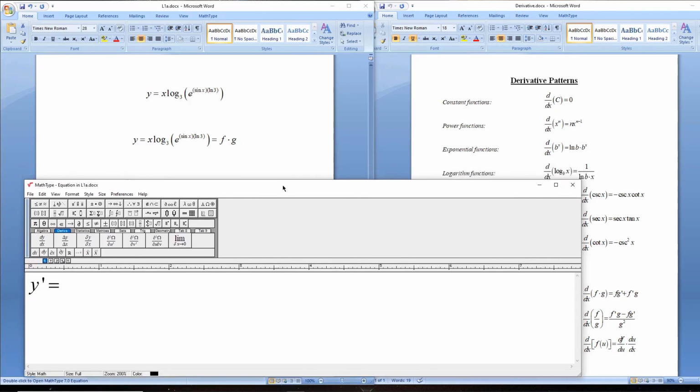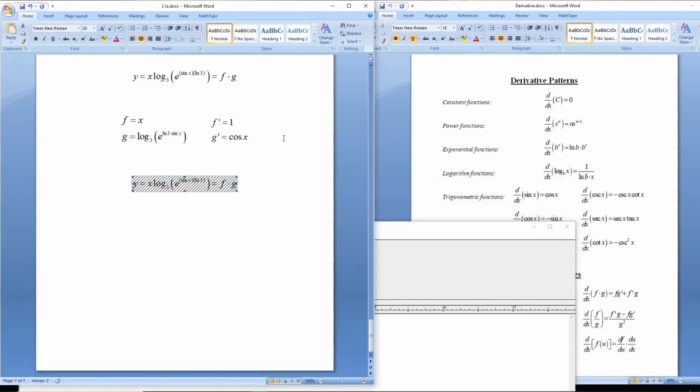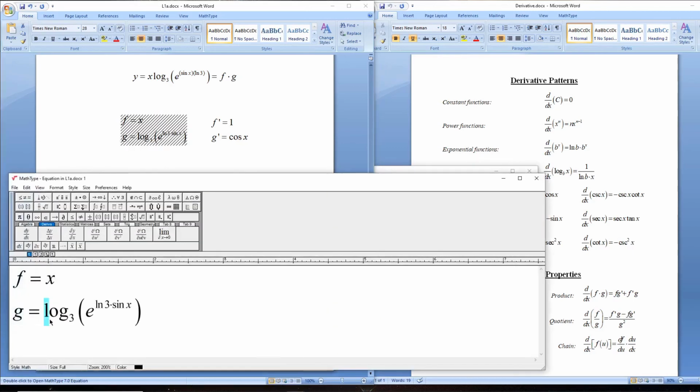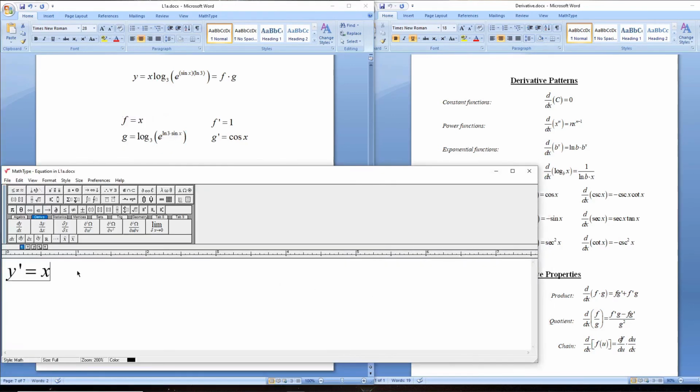And let me show our functions here. And the product rule on the right side over here. So we have F times G. And I'm just going to copy that. F times G prime, actually. Whoops.